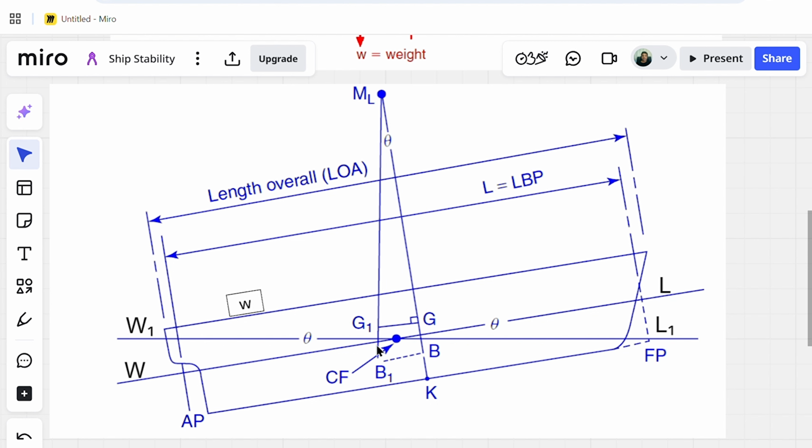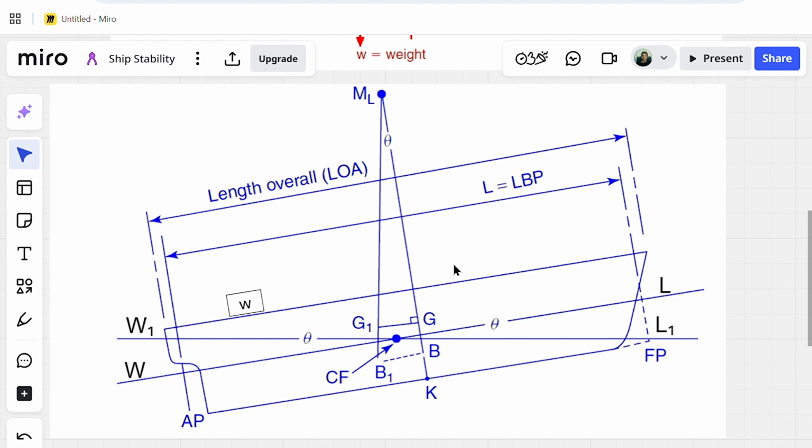So when we draw the vertical from the center of buoyancy when she was on even keel, this vertical, and now in the trim stage, another vertical we draw upward. These two verticals intersect at a point called longitudinal metacenter.